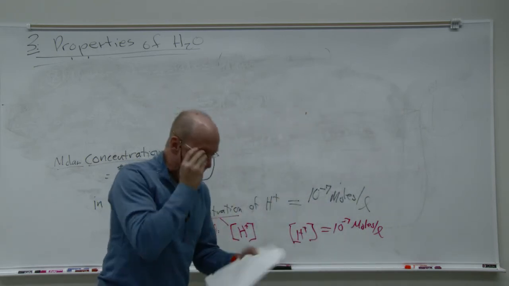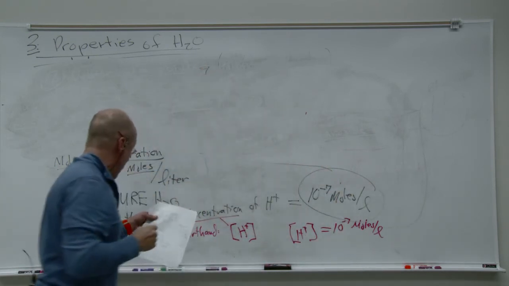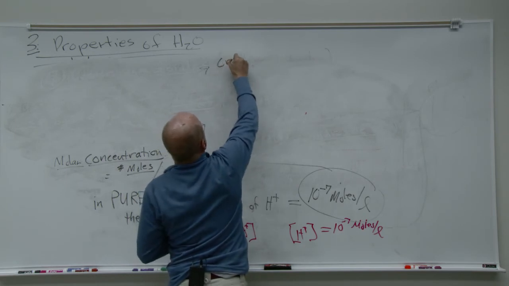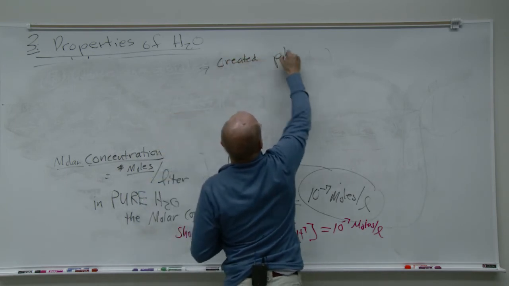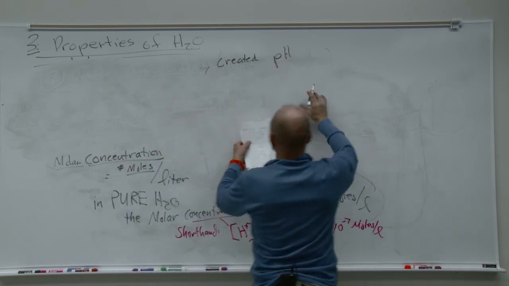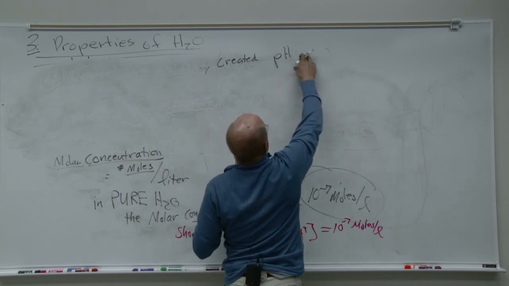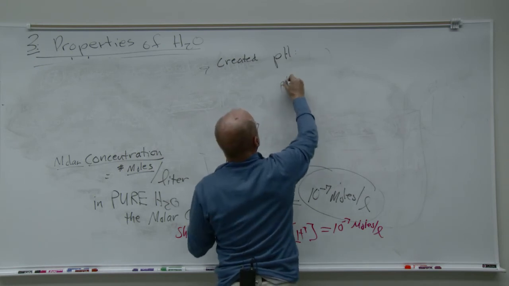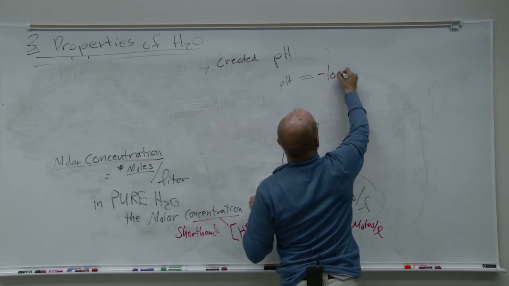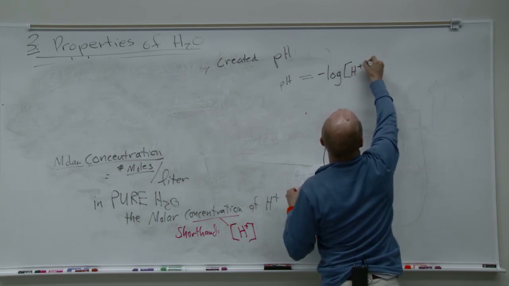So, without paying any attention to the big math, I'm going to go up here now and tell you that what we've done in science is that we've created a pH scale. And pH stands for parts hydrogen. And what we define it as, we've created this concept of pH. We're going to define pH as equal to minus the log of the concentration of H+.